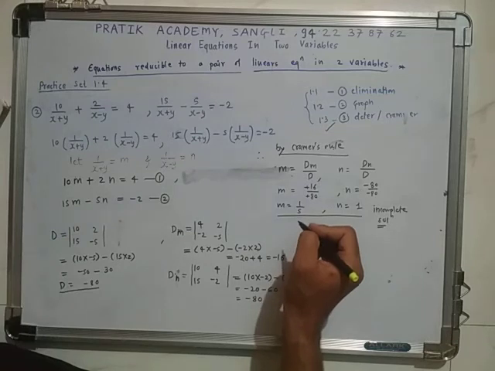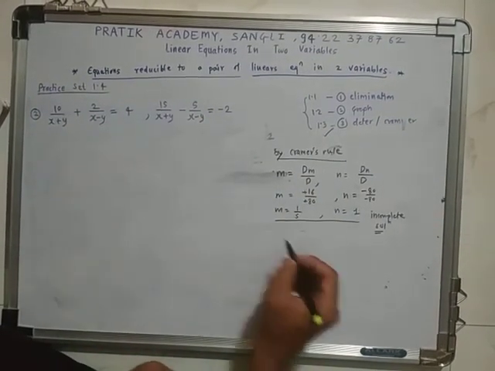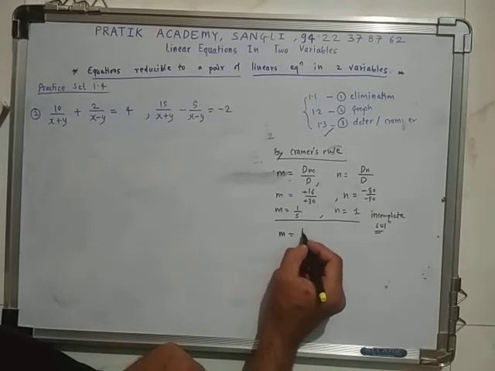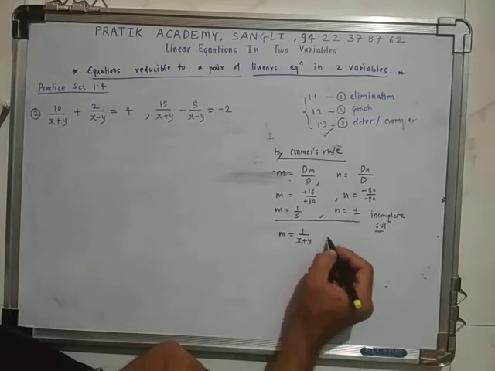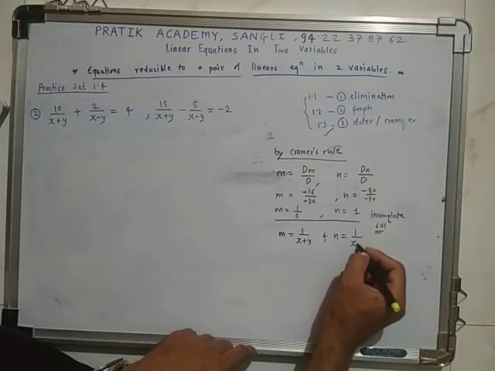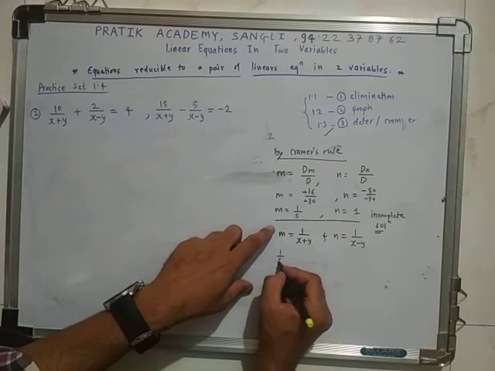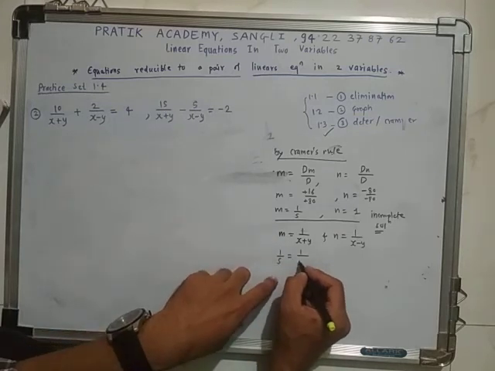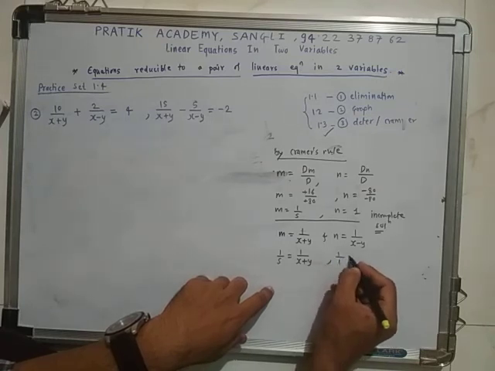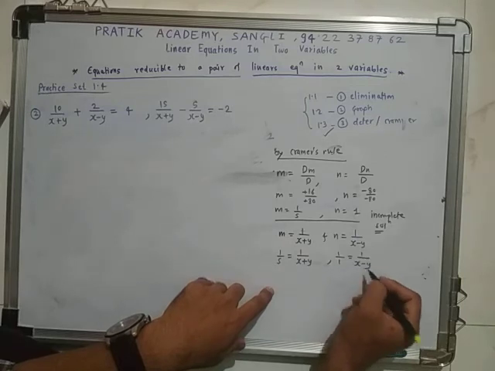Okay, so let's wait. What is next? We know that we have assumed m as 1 upon x plus y, and value of n is 1 upon x minus y. So put here 1 upon 5 is equal to 1 upon x plus y, and here 1 is equal to 1 upon x minus y.